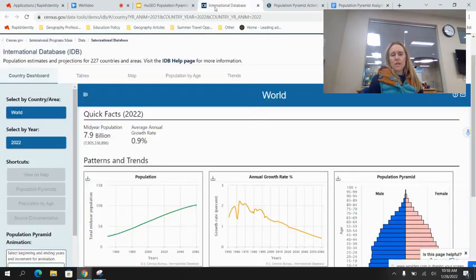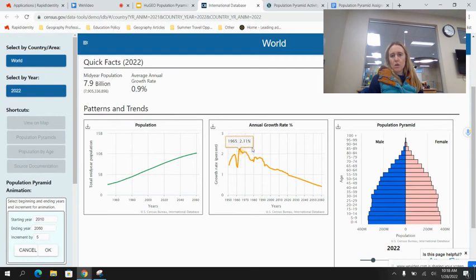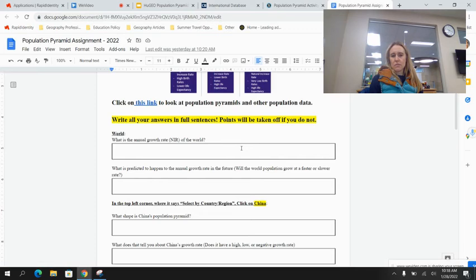You'll notice there is this chart here that shows the annual growth rate, and it's going down. So for these first couple questions, you would say 0.9% for the first one, and then that the annual growth rate is decreasing. Eventually, our world population may not be growing as fast as it was.